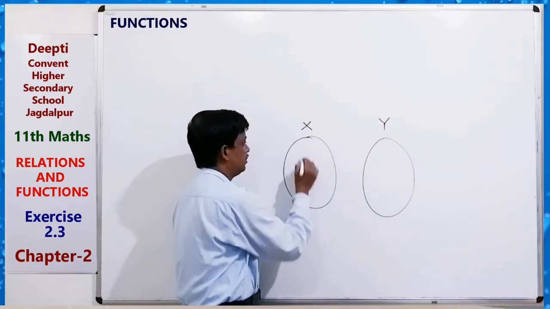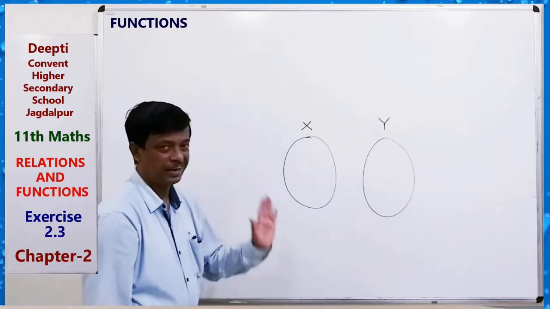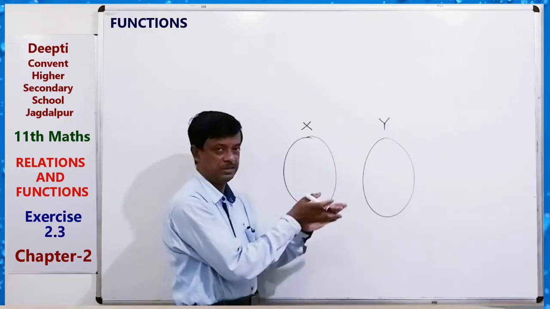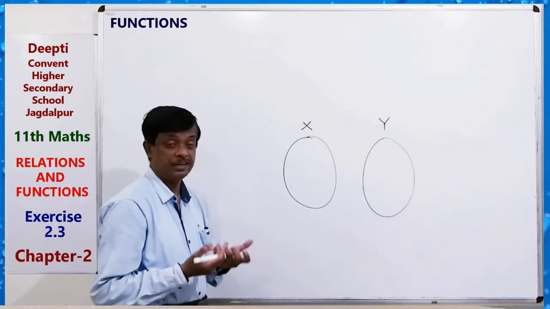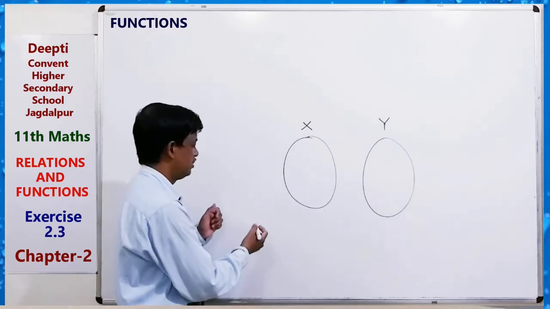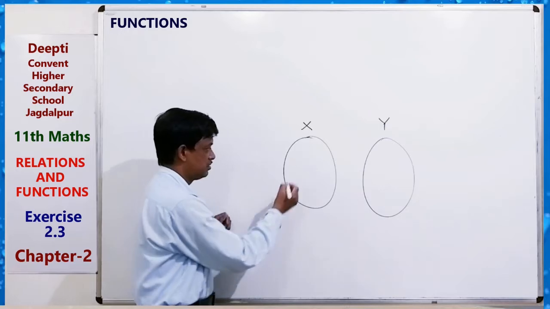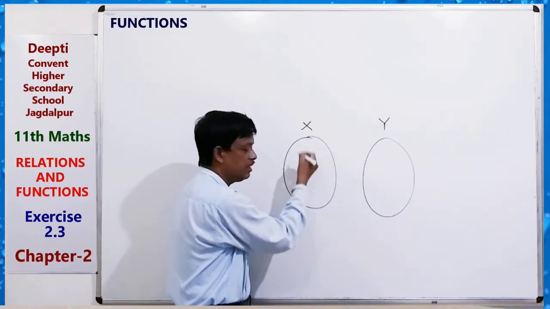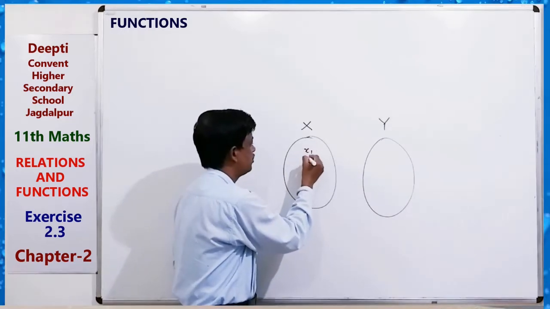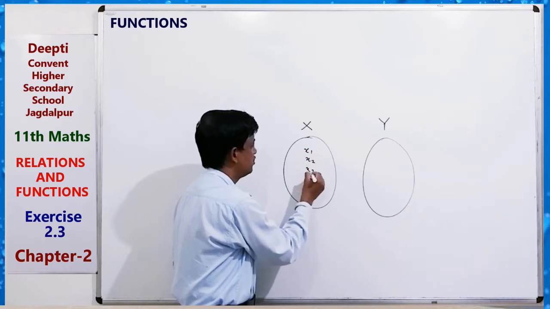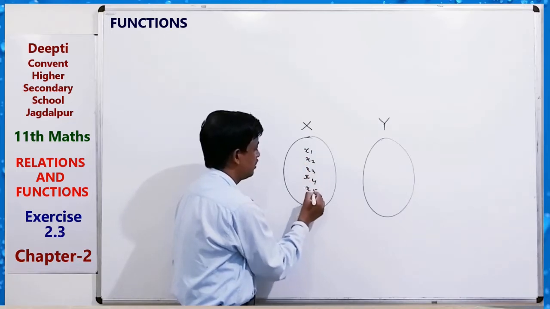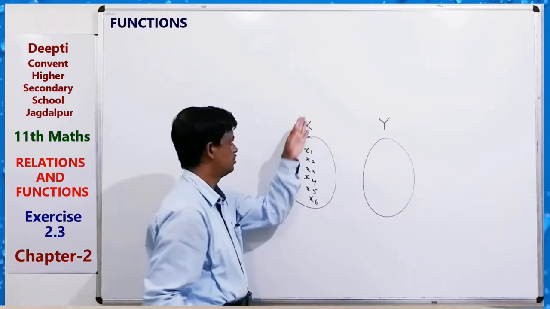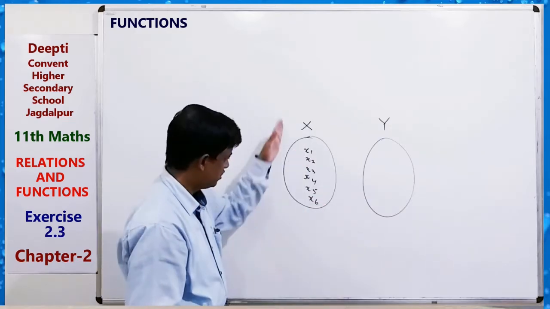And we are having a relation from X to Y. Suppose here the elements x1, x2, x3, x4, x5, x6; this set contains 6 elements.